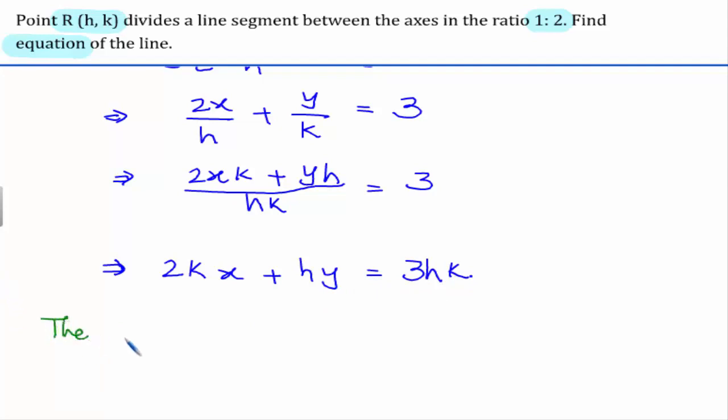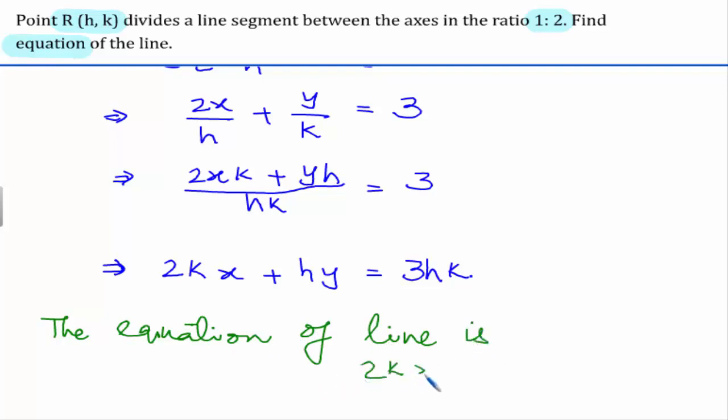So the required equation of the line is 2kx plus hy is equal to 3hk.